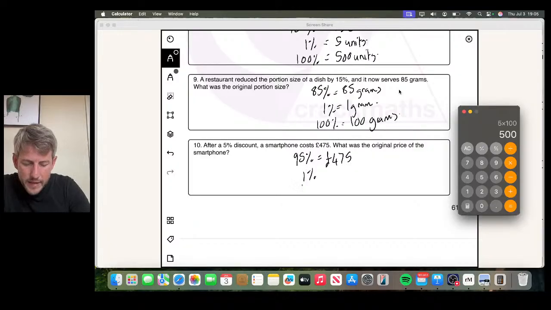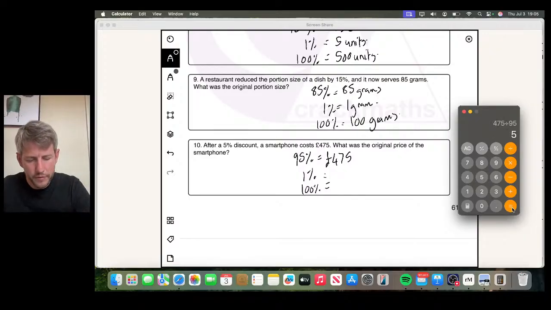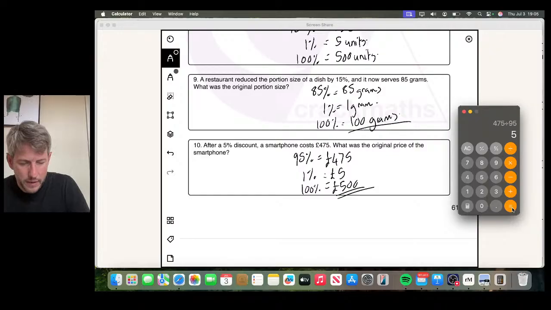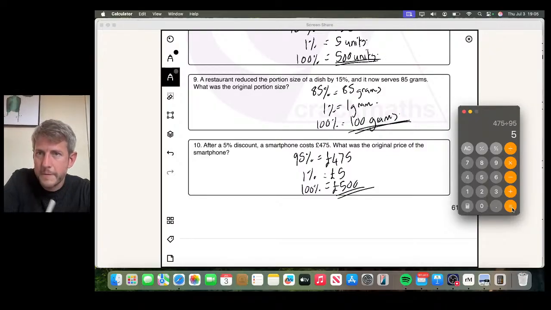So we want 1% and then 100%. So 475 divided by 95 equals 5. So 1% of the cost is £5, and then 100% of the cost would be £500. Okay, right, let's get these marked.